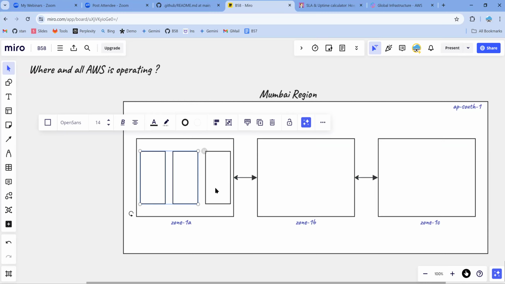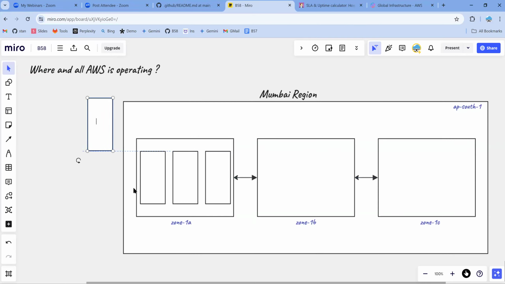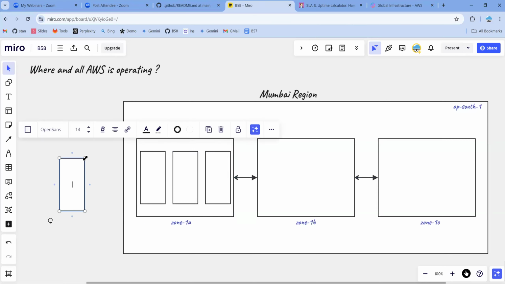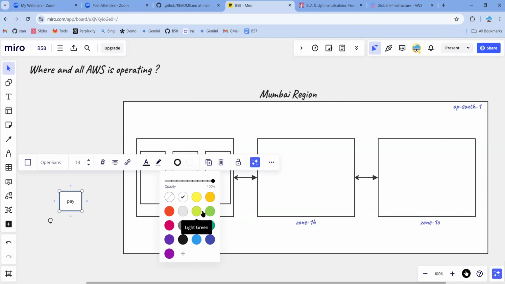Let's assume in zone 1A, flipkart.com is there and you're running all your applications here. You are running your payment application here. Understand carefully, from the beginning I'm telling you it's not just training.